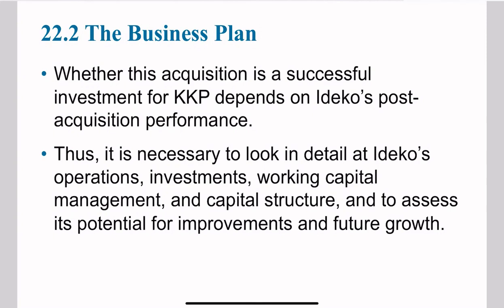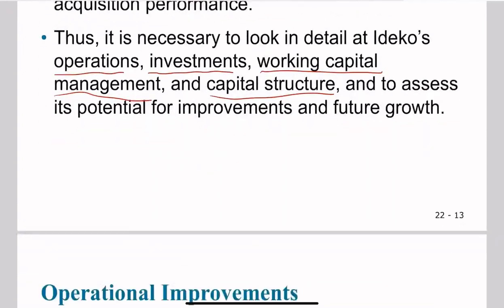Specifically, we will look at Idaco's operations and capital expenditures and working capital management and capital structure. And we will look at these different aspects and try to make improvements.